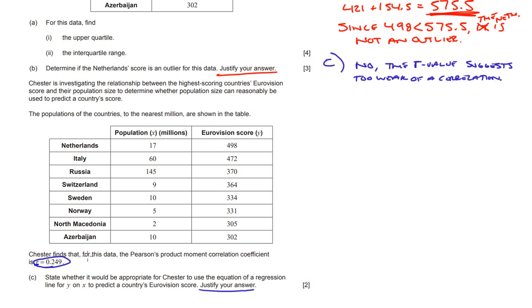Okay, it's not very high. If it was up above half, then we're getting close. But definitely 0.249 is way too low to use this to predict any kind of Eurovision score whatsoever, just because the r value is so low. Okay.